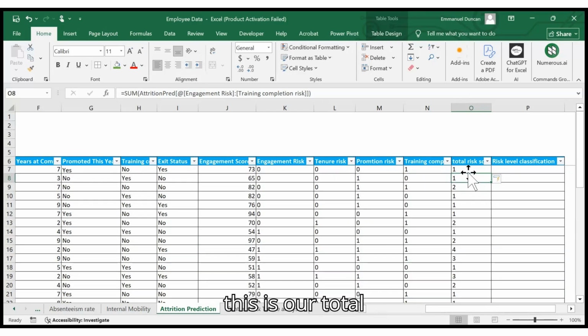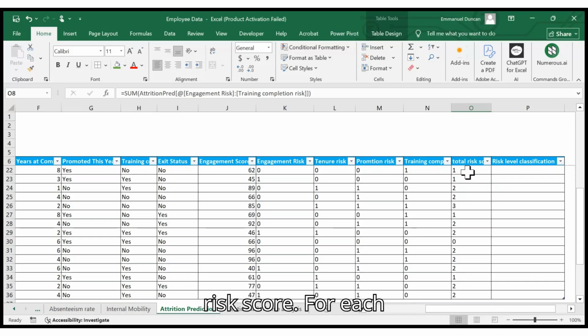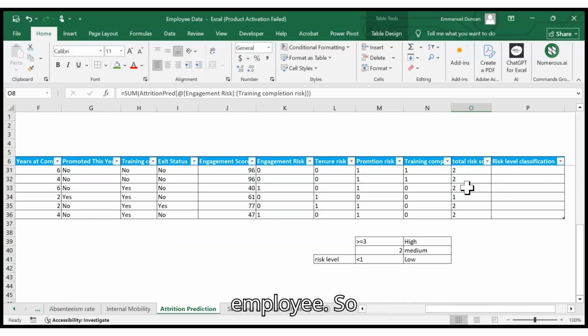So this is our total risk score for each employee. So we are going to classify our total risk score into different risk levels to know the employees who are at higher risk of leaving and those who are not.